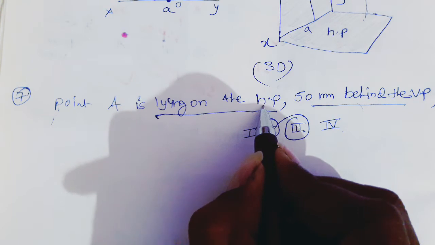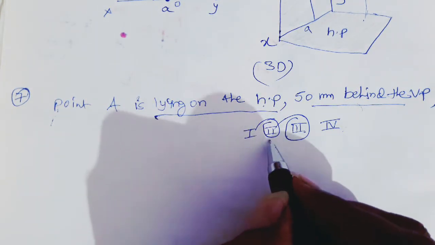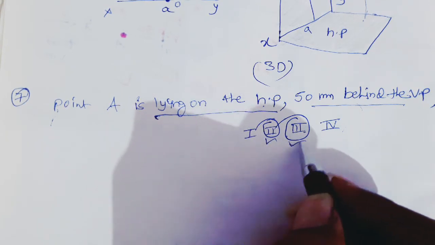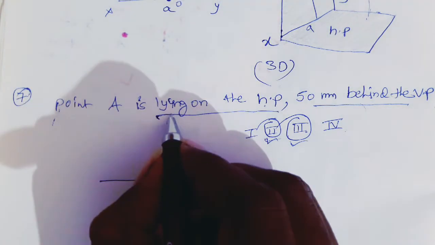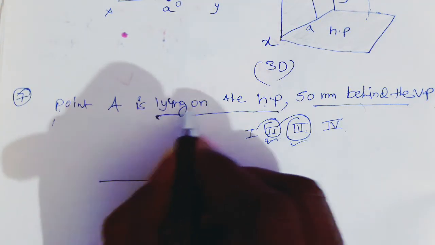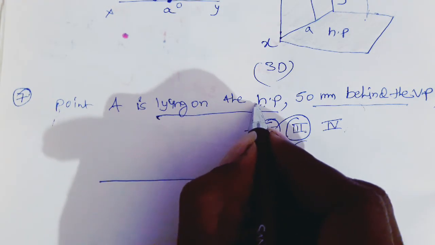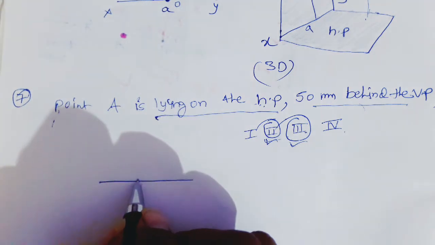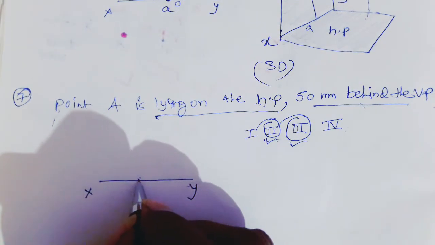Lying on the HP, we can take this position of a point in second quadrant or third quadrant. But when the problem is given like lying on the HP or resting on the HP, then you have to show the position of a point on the XY reference line itself. Okay, this is the XY. I am marking this point as O.